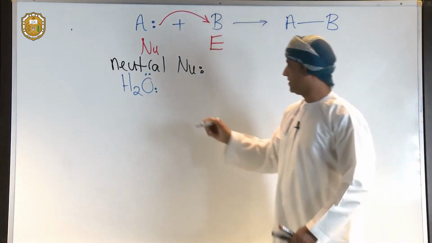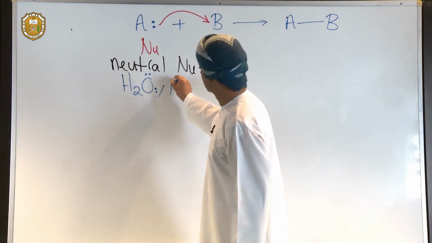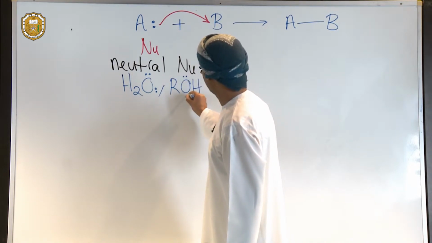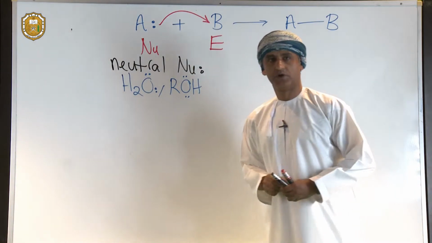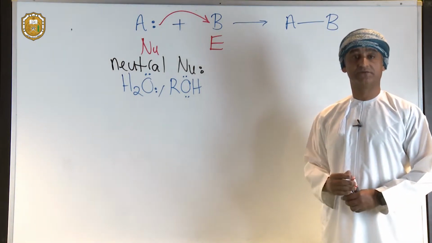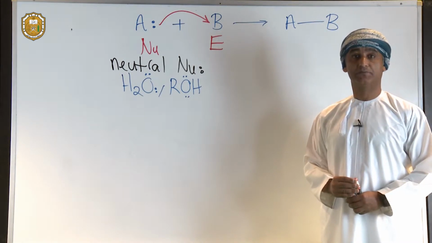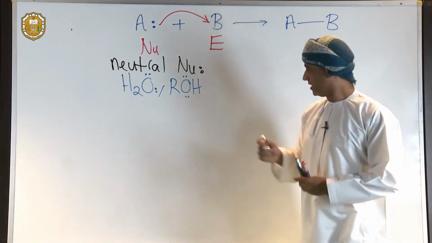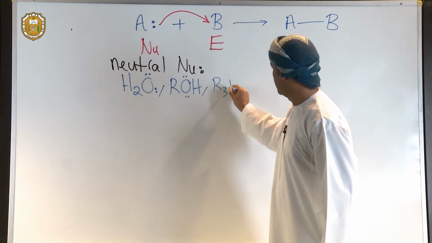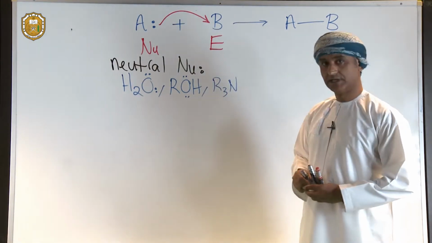Not only water, but also alcohols of this general formula. And again, alcohols, just like water, are nucleophilic. They are also neutral nucleophiles because they have a lone pair. We can also add to the list amines in general: a nitrogen with 3 groups.